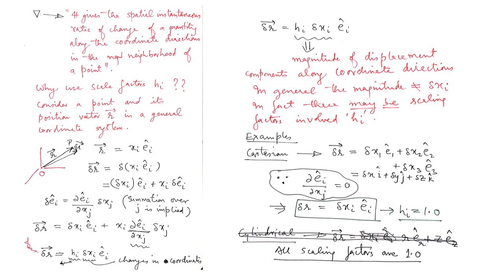And while there is a unit vector ei in the first term, even the partial derivative of a unit vector, as I have already shown you with the cylindrical coordinates, is itself a unit vector. So you should view the partial derivative of ei cap with respect to xj as some quantity proportional to a unit vector. It may be exactly equal to a unit vector, or proportional to it, so you may visualize some kind of a unit vector here.